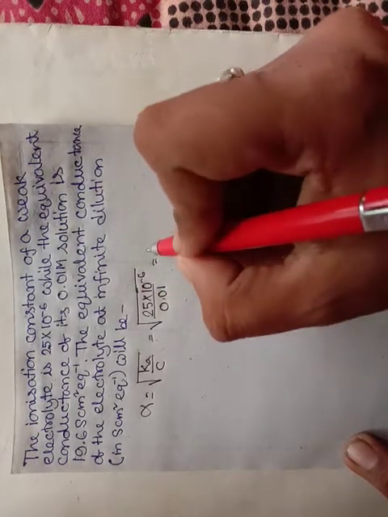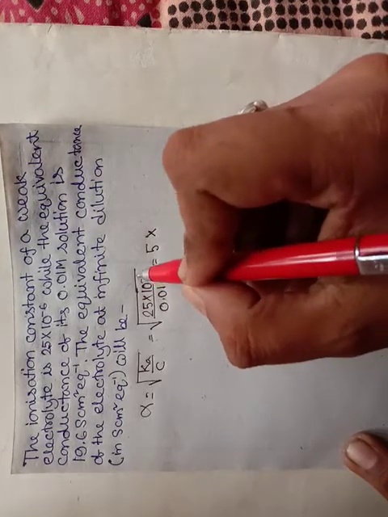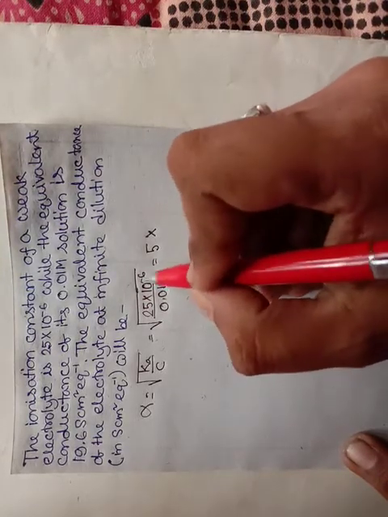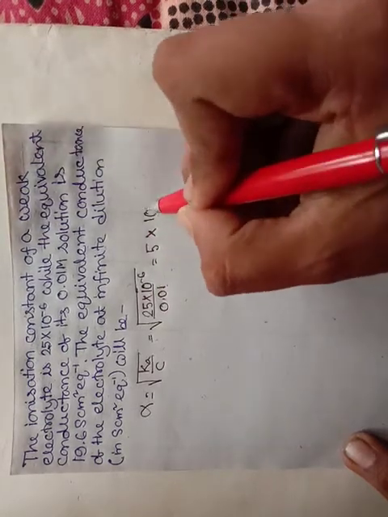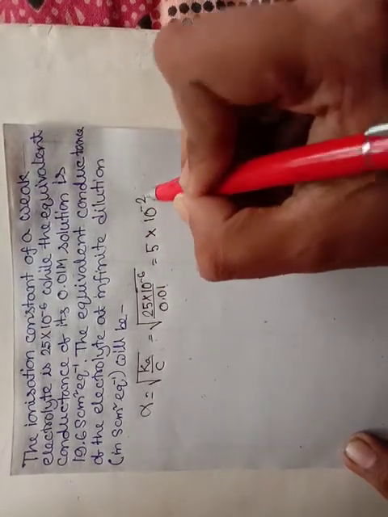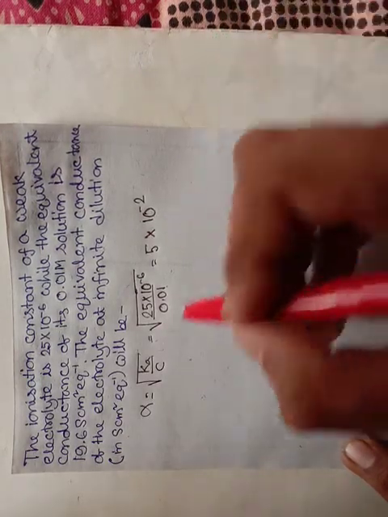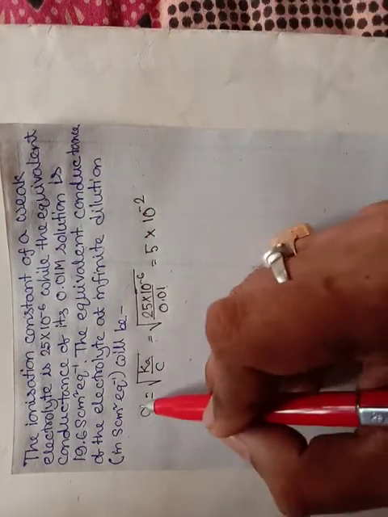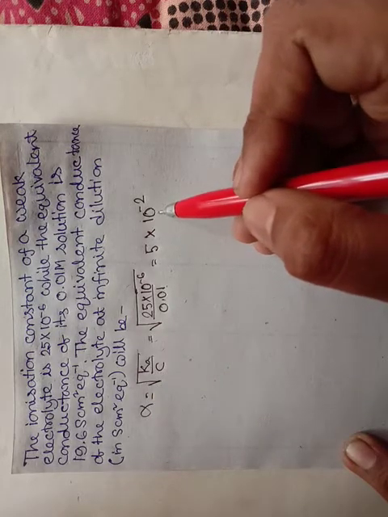Root 25 is 5, and 10^-6 divided by 10^-2 is 10^-4, whose root is 10^-2. We get the degree of ionization as 5 × 10^-2, or 0.05.